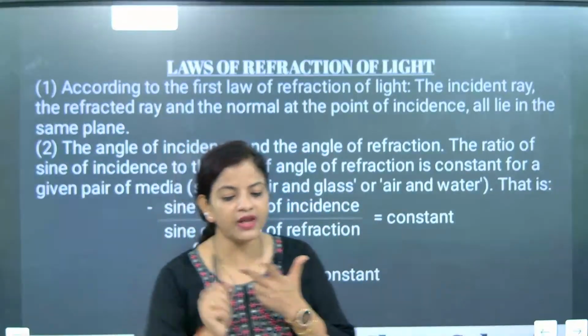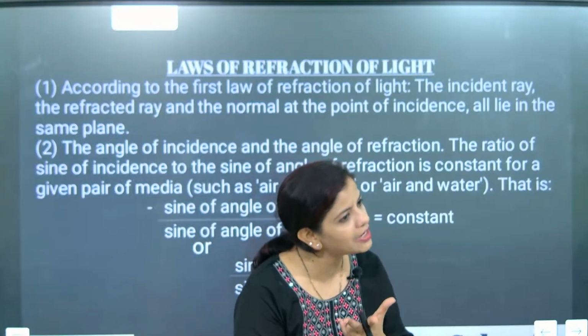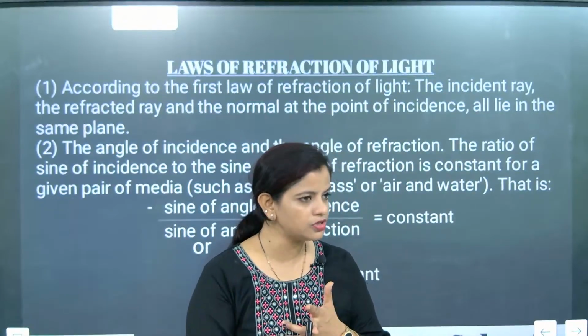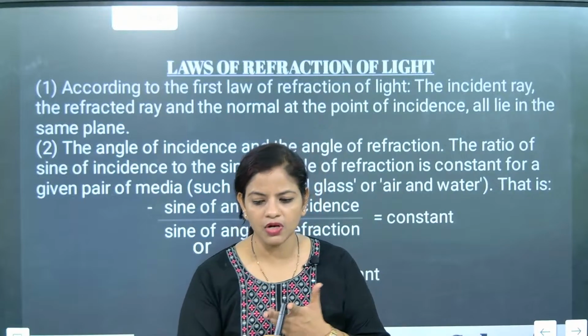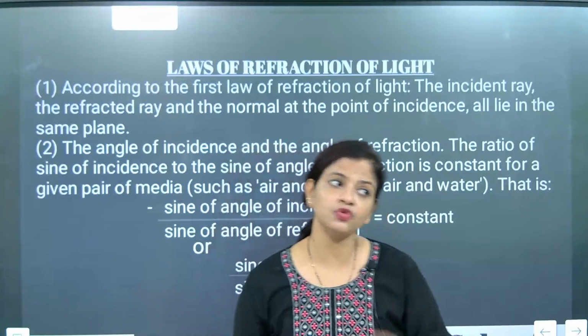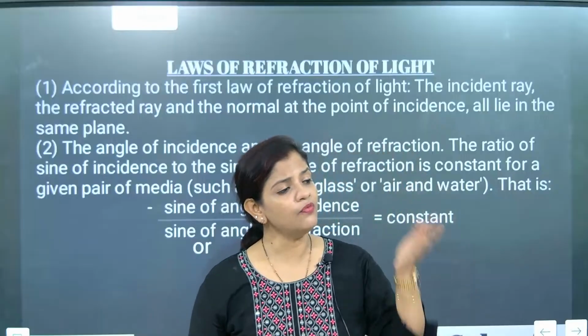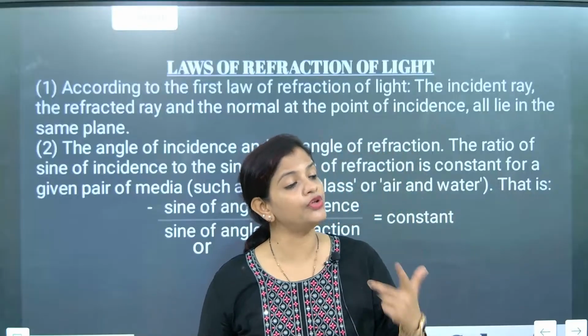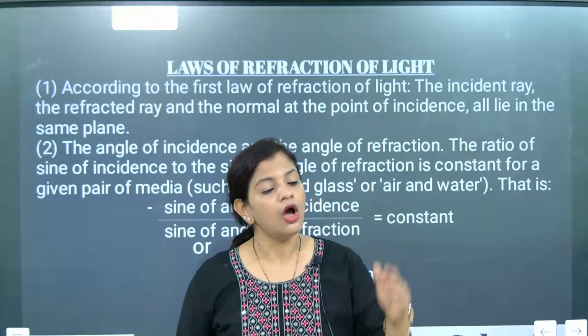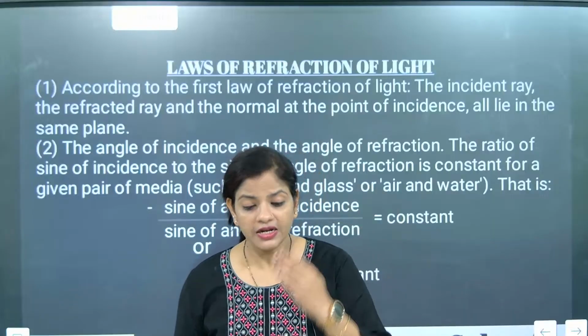The medium can be any two media. Air to kerosene, understood? Air to glass. That can be two different media. But here we have to understand one thing. When we are talking about two different media, both cannot be rarer and both cannot be denser.